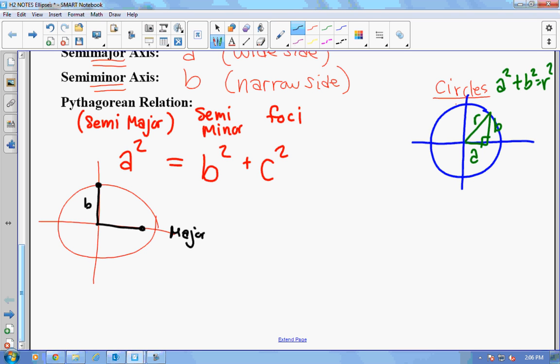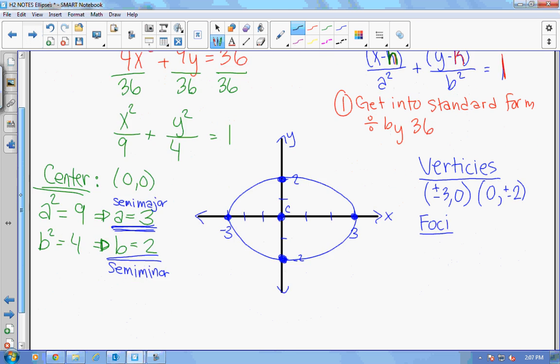It's the semi-minor, and we call that B. So if I connect those, I have a right triangle. This happens to be the same length as A. So if we did the Pythagorean theorem, notice this time my hypotenuse is A. That's why it's a little out of order. So you have to reprogram your brain a little bit. A squared equals B squared plus C squared.